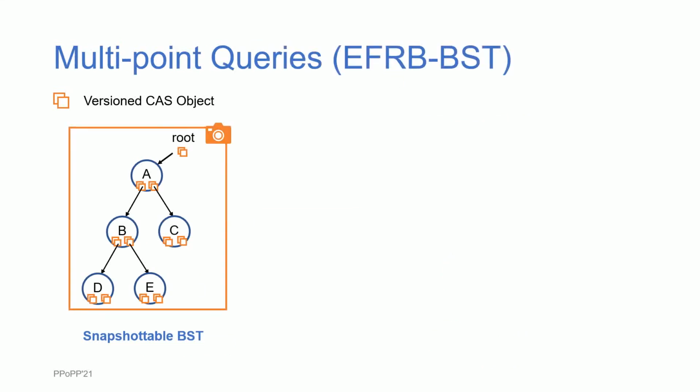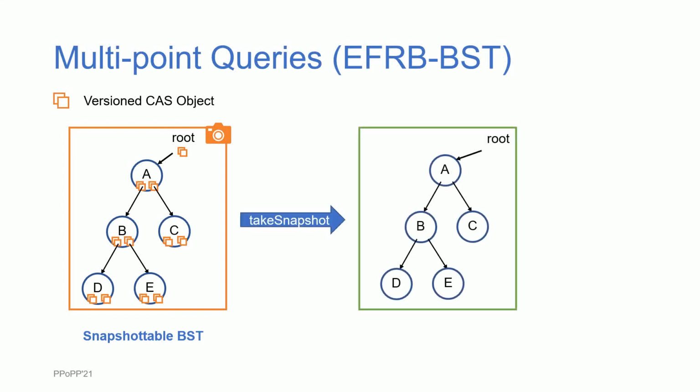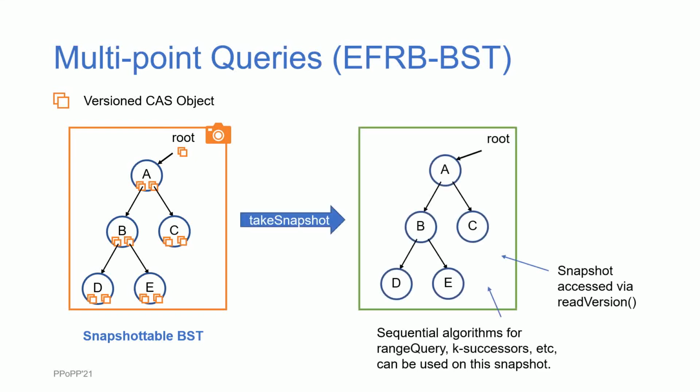So version CAS objects provide a nice abstraction for implementing multi-point queries. On the EFRB-BST, supporting linearizable multi-point queries is as simple as taking a snapshot and then running a standard sequential algorithm on the snapshot. The time complexity of the multi-point query would be proportional to the sequential time for running the query, plus the amount of contention experienced by the query.